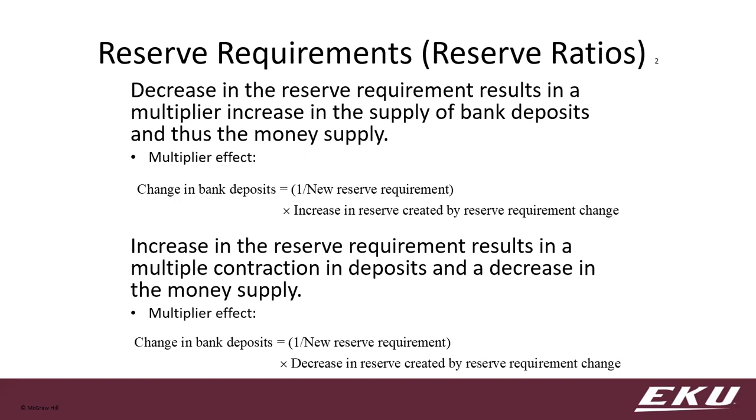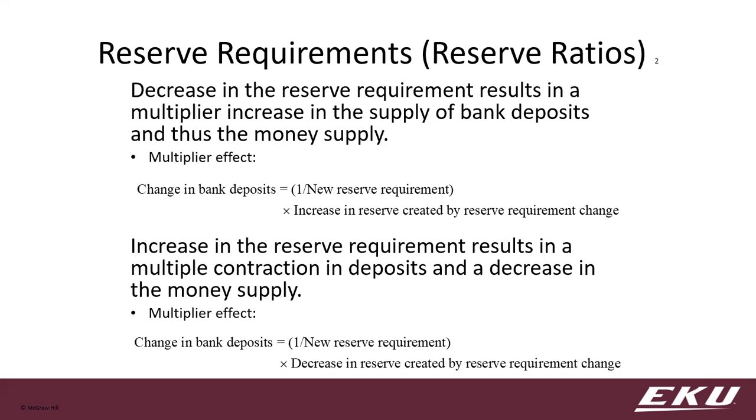Right. And this also has a direct impact on the money supply because of the multiplier effect. These two equations are really just showing how, as they change that, it changes the amount of money available in the market, because of the impact of loans upon loans upon loans, right?